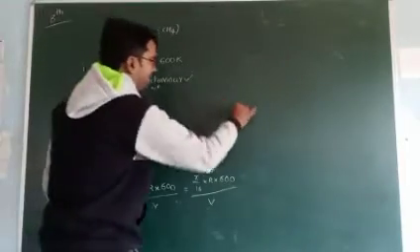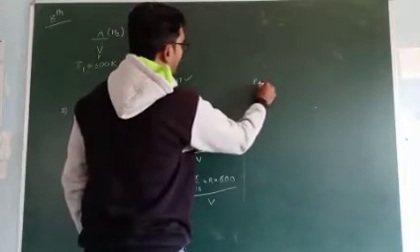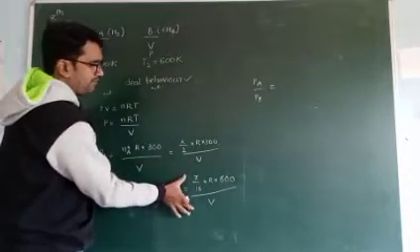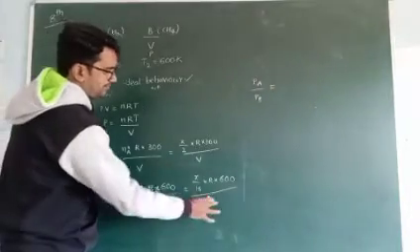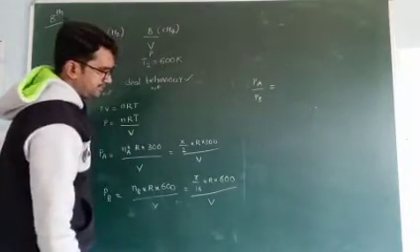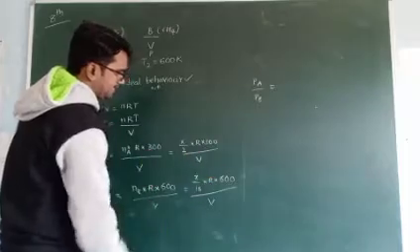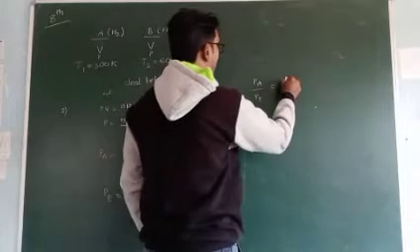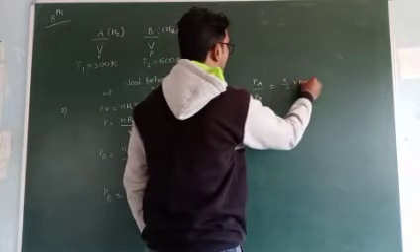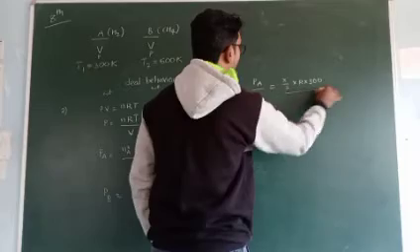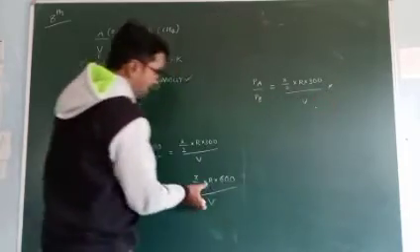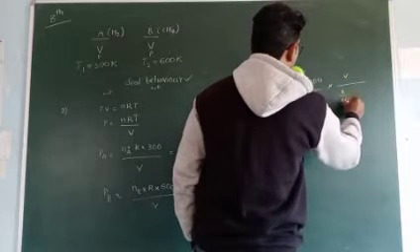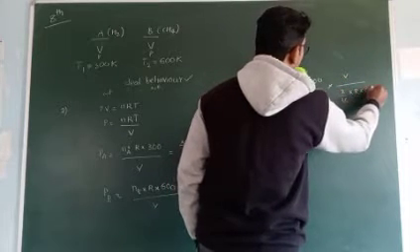Again calculate PA by PB. Just divide these two. V cancelled, R cancelled. First I will write once: x by 2 into R into 300 by V, into the reversed value, V by x by 16 into R into 600.